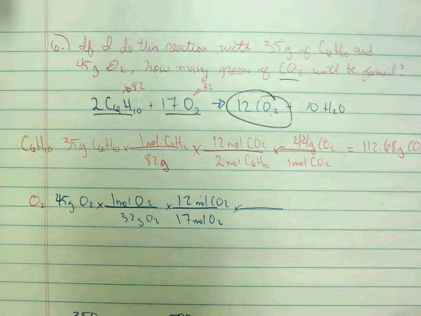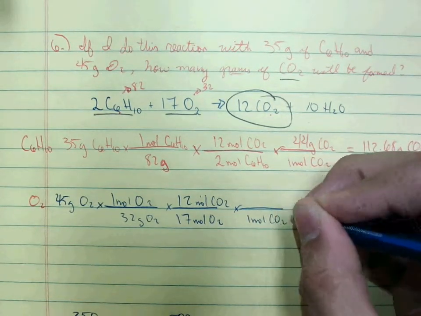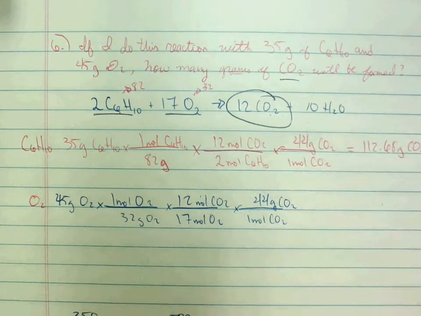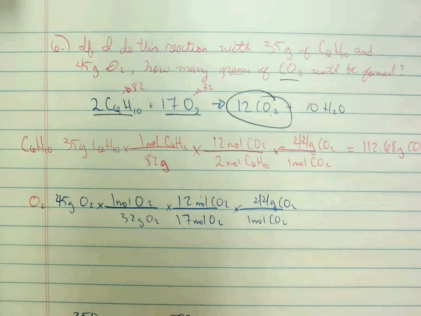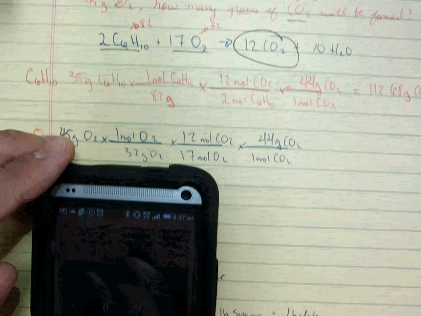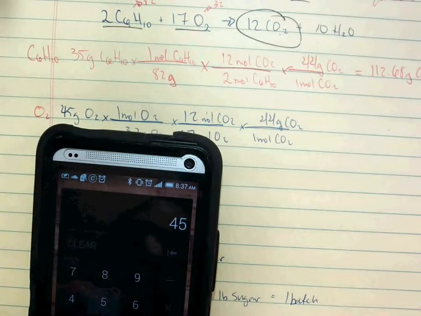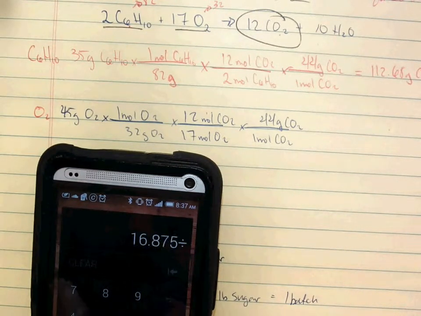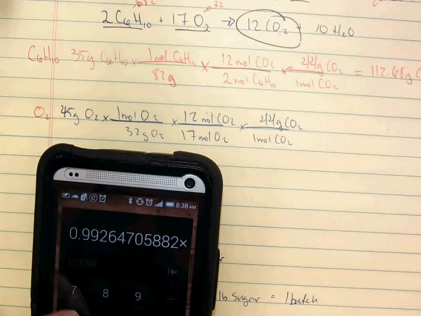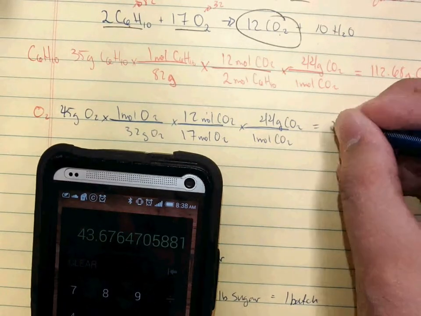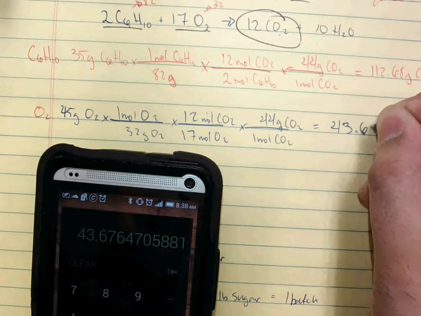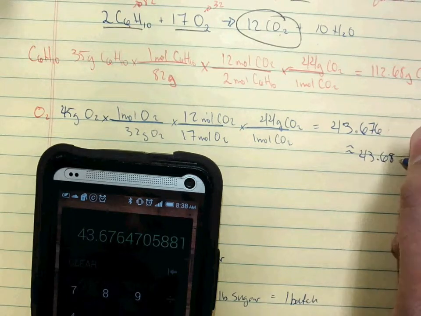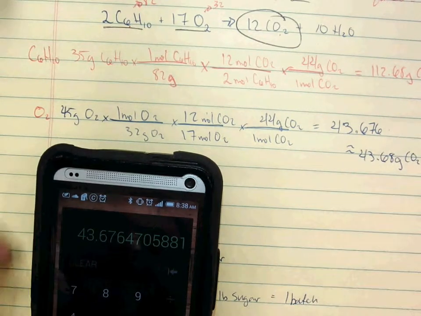And if you recall, 1 mole of CO2 has a mass of 44 grams of CO2. That's a bit fast, but we'll get you there. So let's show you. 45 divided by 32 times 12 divided by 17 times 44 will equal 43.676, so about 43.68 grams of CO2.